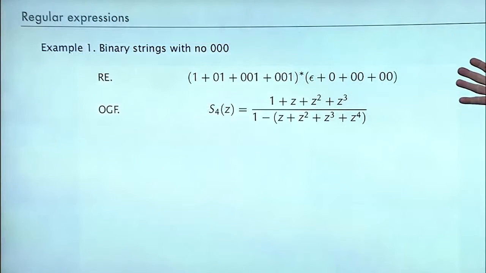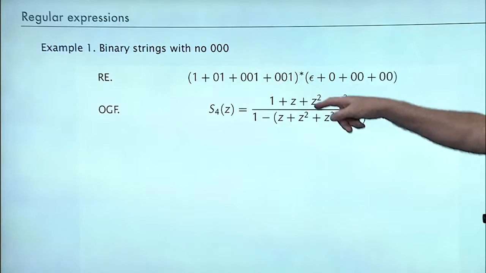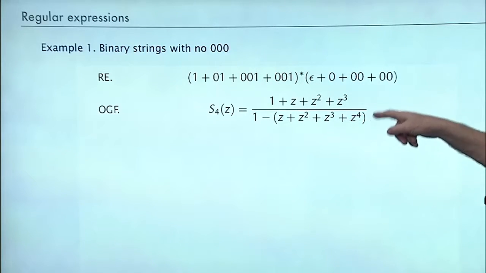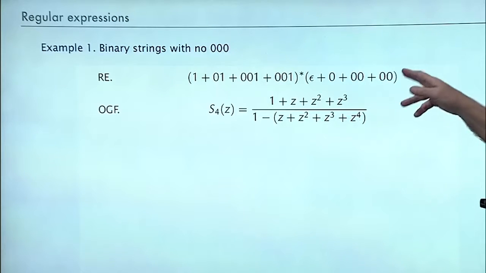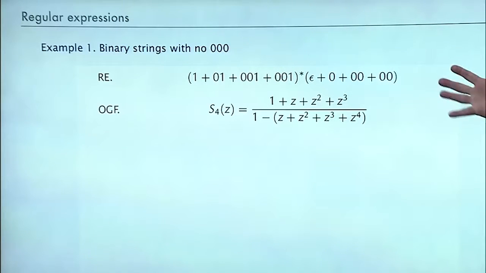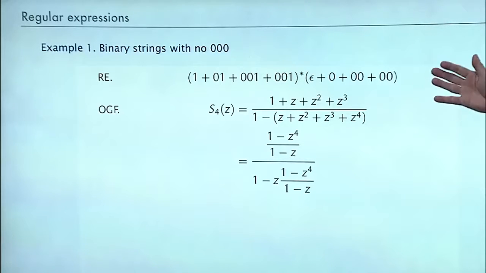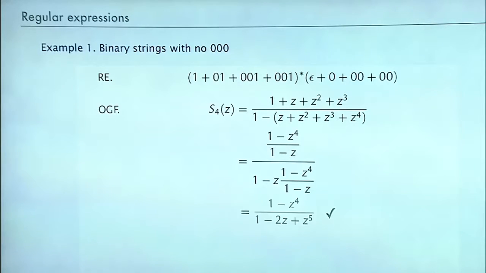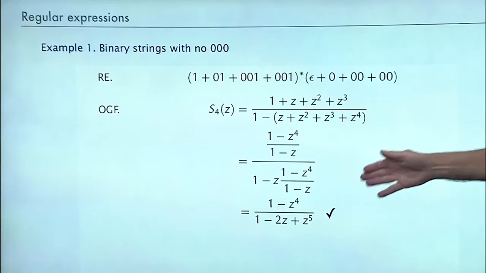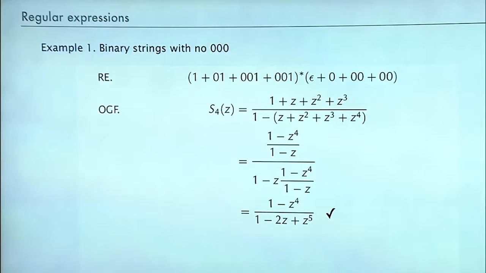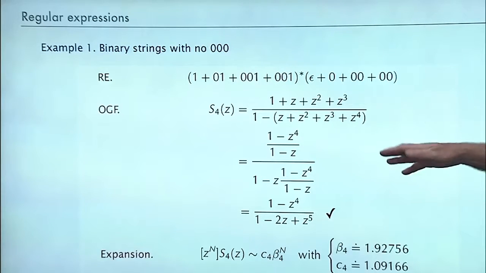It's an unambiguous one, and then just applying the theorem, for the star it's 1 over 1 minus, and for the tail part, it's just that. It's pretty much the same ratio of two polynomials that we had when we did it using the symbolic method. We get the same result, of course, and again expanded in the same way.